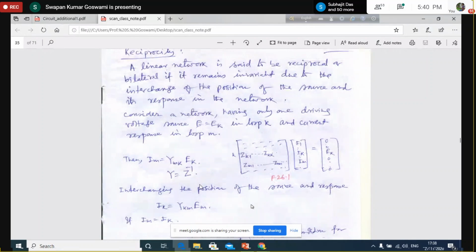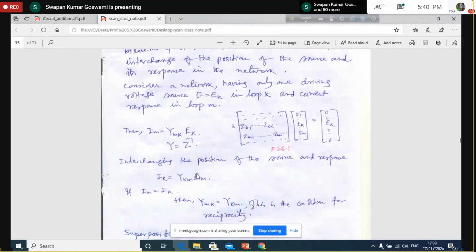All right, now interchange the position of the source and response in that network. Now we shall put the source in loop M and measure the current in loop K. Previously, the source was placed in the kth loop and current was measured in the mth loop. Now we shall put the source in the mth loop and measure the current in the kth loop.